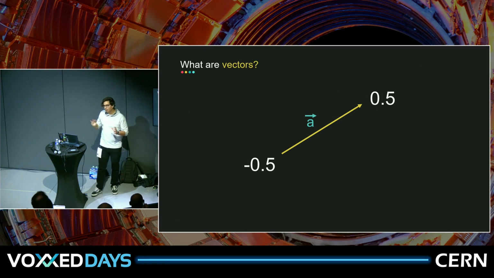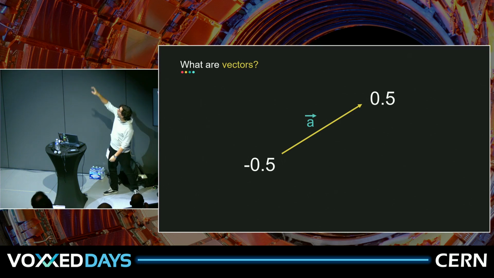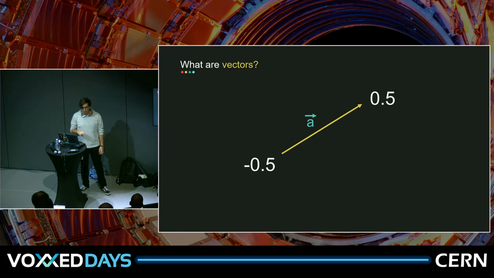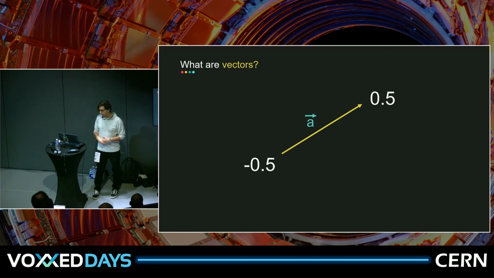In papers, you typically see a letter with an arrow on top of it, and that means that something is a vector. Vectors are constructs that are very good at representing or encoding a distance and a direction. And that is mostly what they are used for.